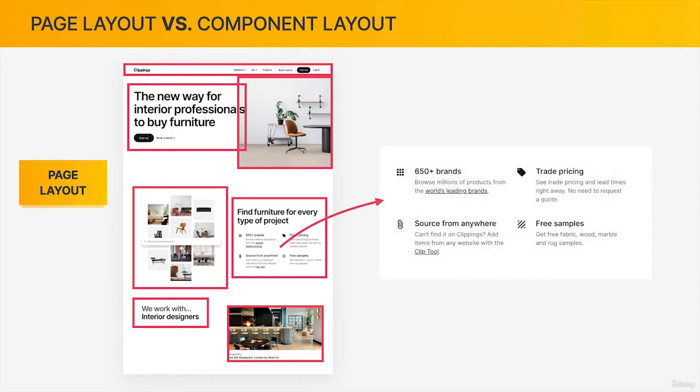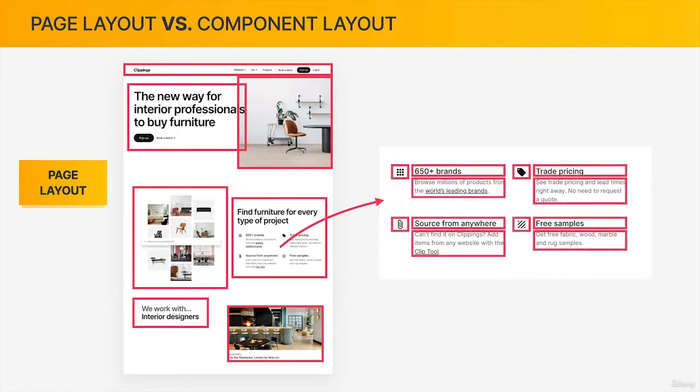And these components themselves need to have some kind of layout, because they are made out of smaller pieces of content which also need to be arranged in some kind of way. So we can say that components themselves also have a layout. Once again, we wouldn't want to have these 12 pieces of content simply laid out one after another, right? That wouldn't make a lot of sense. And so therefore, we also need to give these smaller components some kind of layout.